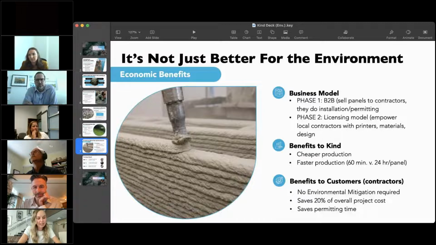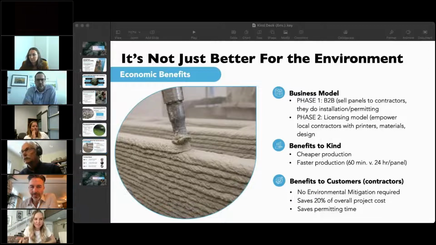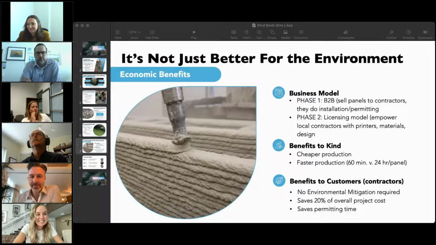That's because of the time and cost efficiencies that we are able to achieve with 3D printing, and with that margin be able to add a lot of these environmental benefits that you could never achieve with a mold. James and I actually tried to make these panels with a mold before we started 3D printing, and it's insane. It is impossible to get the details necessary for this to function as a reef in a mold. It's cost prohibitive, time prohibitive, technologically prohibitive.